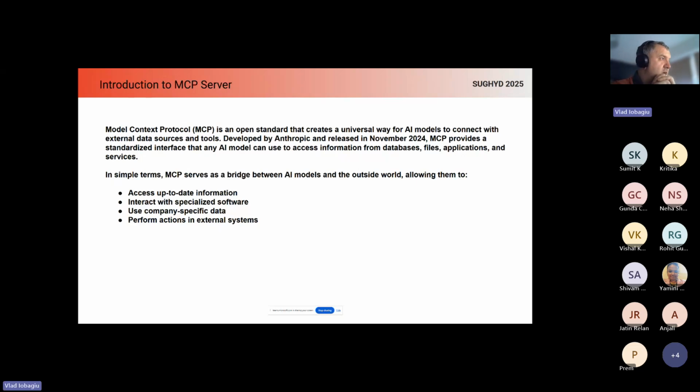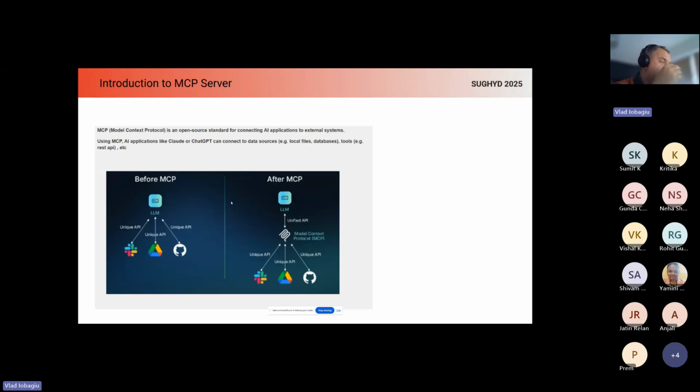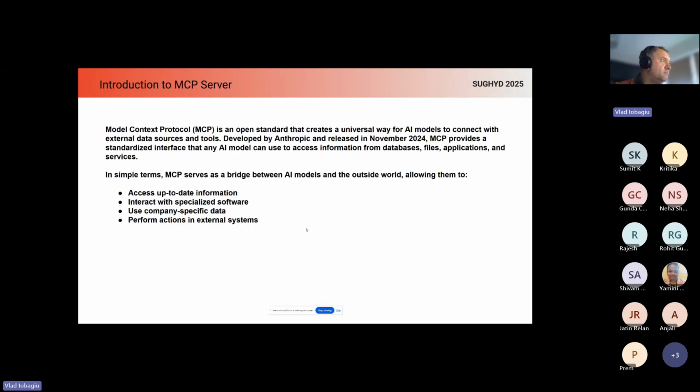So I think it's a pretty nice thing to have in the AI world. And for example, here, imagine that you need to build multiple things for every application. Now you just build an MCP server and then it should work pretty nicely.